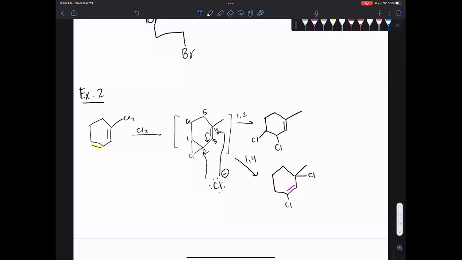Because once you attack at 4, if you don't break the double bond, 4 is going to have too many bonds to it. And the only place for it to go is between 2 and 3 because 2, because it's allylic and because it's also bonded to chlorine, has a really high partially positive charge. So when you attack there, it's going to force the bond between carbon 2 and chlorine to break as well. So it's kind of like a cascade.